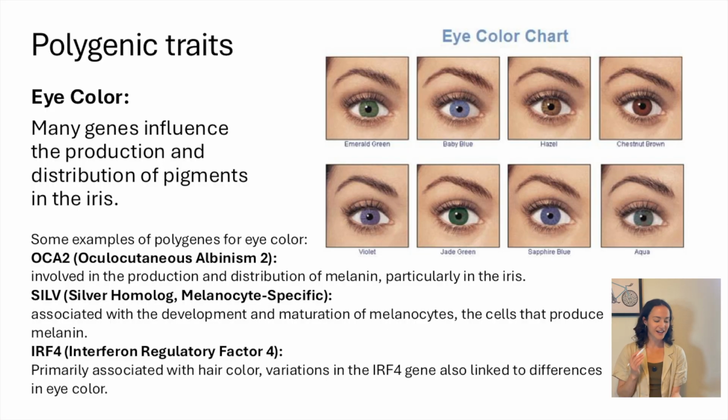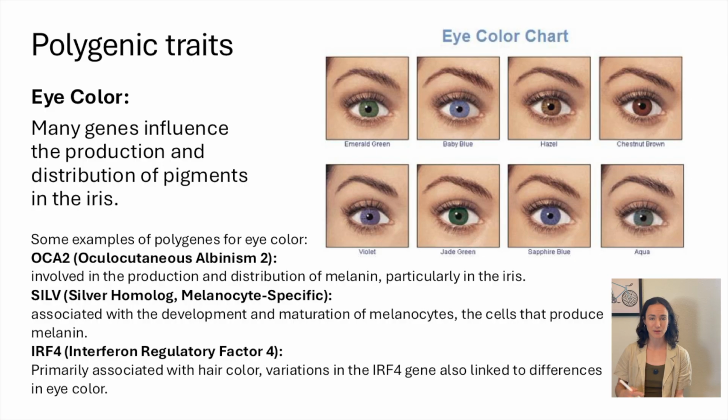So eye color is influenced by many different genes, especially those that influence the production and distribution of pigments in the iris. So I have just a few examples here. OCA2 is involved in the production and distribution of melanin, which is an important pigment, particularly in the iris. The SILV gene is associated with the development and maturation of melanocytes.